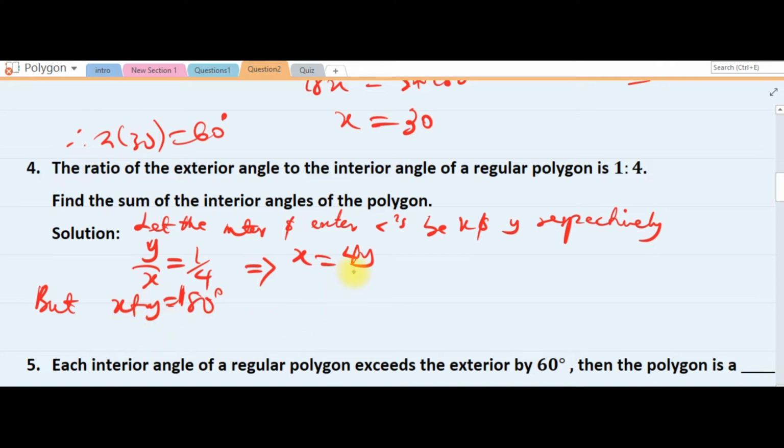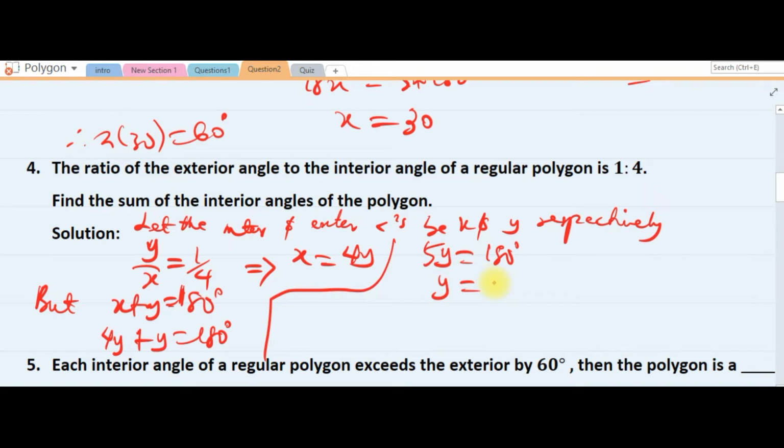So we substitute x as 4y, so 4y plus y equals 180. So 5y equals 180. So y is 180 over 5, which is 36.